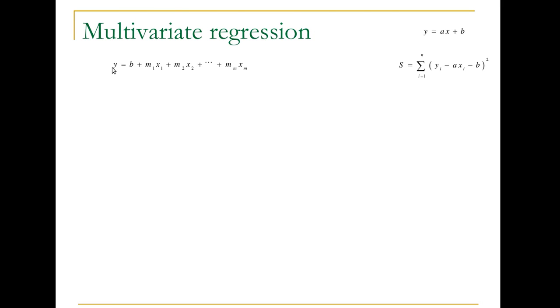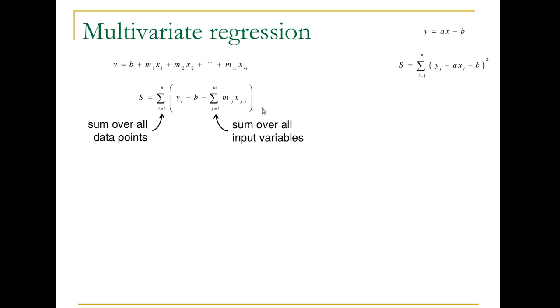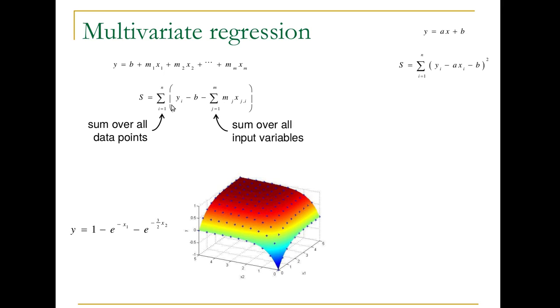So in this case, we have our result y is equal to b plus, this would be a first order multivariate regression, m1 times x1 plus m2 times x2, all the way up to our m independent variables. And our cost function, this should be squared, is the difference between our measured value and our predicted value.